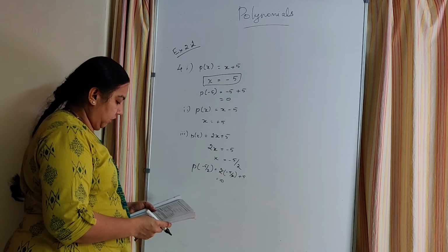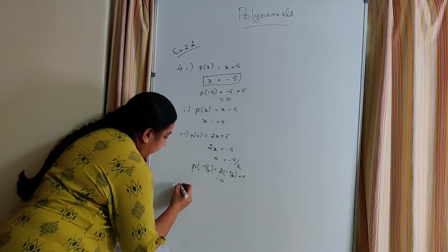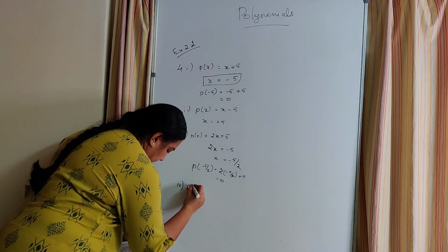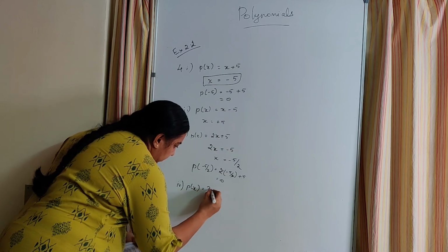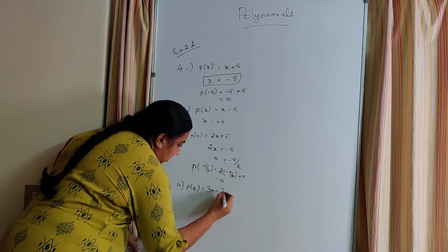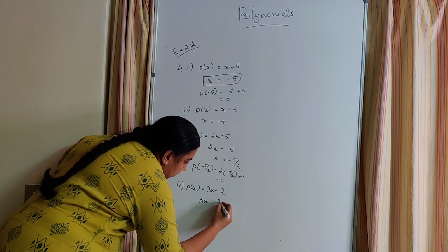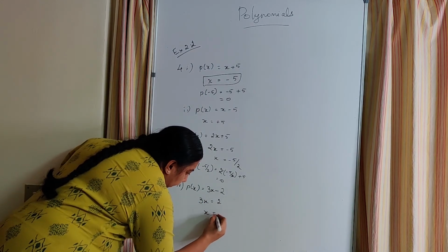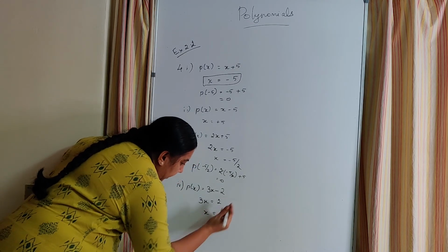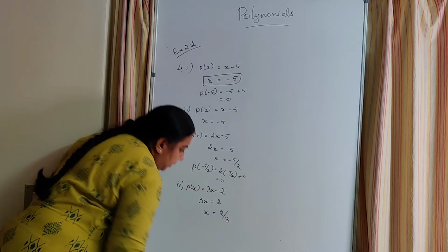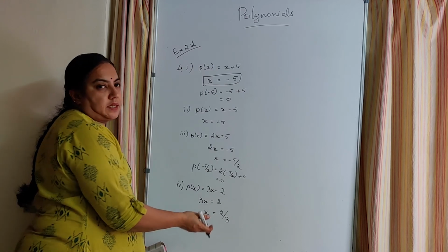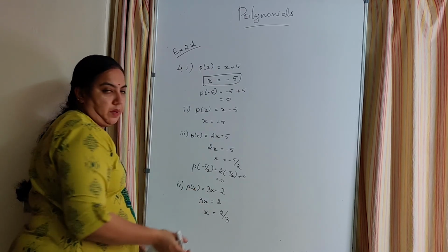Then the fourth question, p of x is equal to 3x minus 2. And so I keep 3x alone here, take the minus to that side, it becomes plus 2. And remaining x alone I keep it here and take the 3 also to the other side, 2 by 3. So 2 by 3 is the 0 of this polynomial.